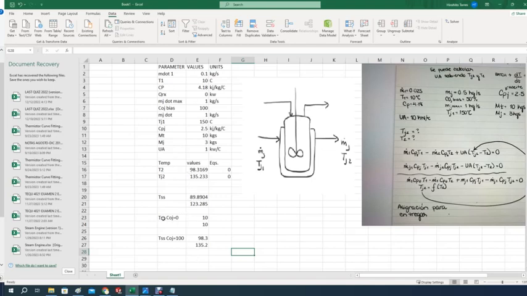No flow through the jacket means it's going to stay at whatever temperature is getting into the vessel. That's 10. Now, if we change the flow to 100%, meaning maximum flow through the jacket, that will take the temperature to about 98.3 here at the axis.